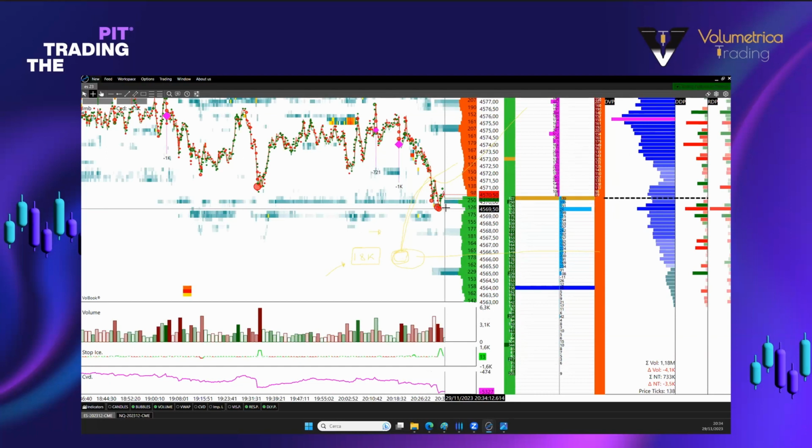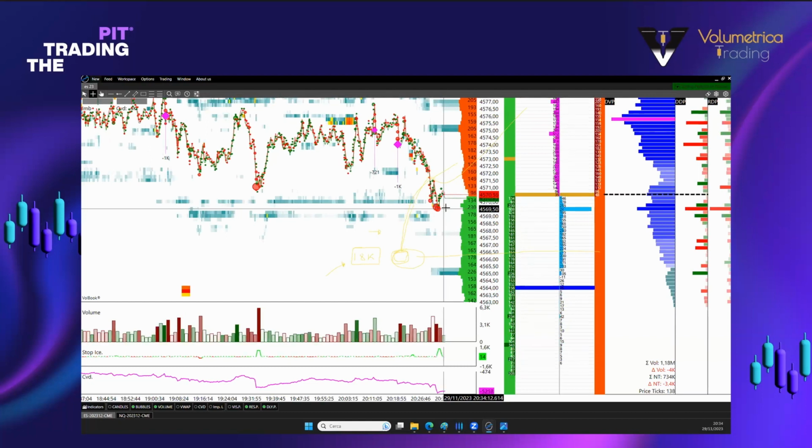Because let's talk about something really important in terms of iceberg. Not all iceberg orders are reliable enough, because there are so many traded at any time, in any market, in any situation.